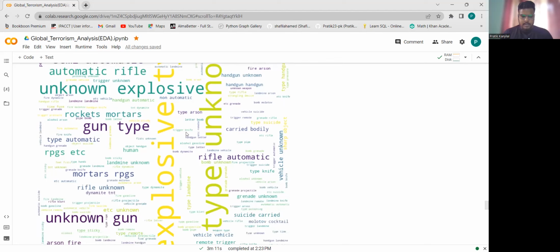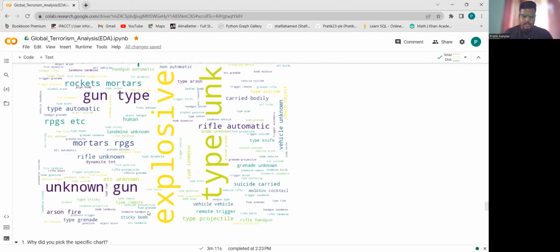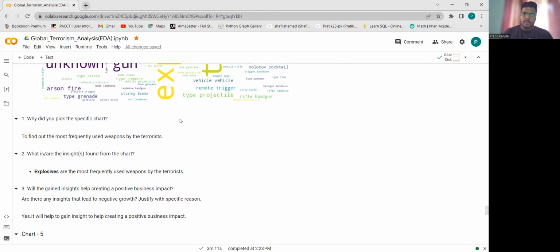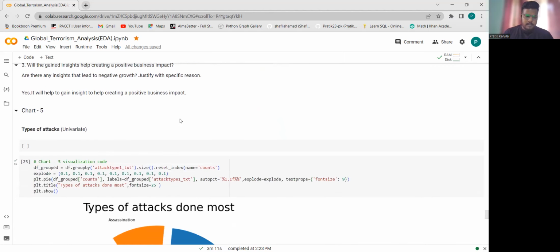So we can see that explosives is the largest word over here, and that means this is the most favorite weapon and has been used over the years. This is the most frequent weapon used over the years by the terrorists.